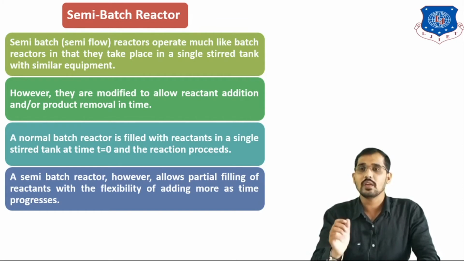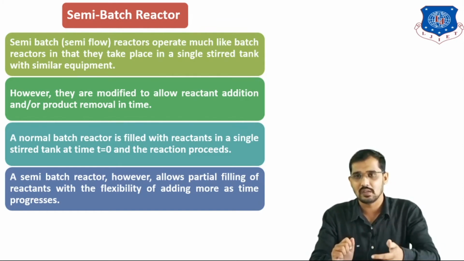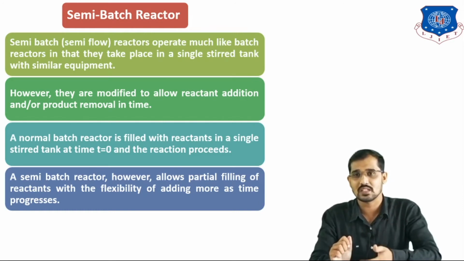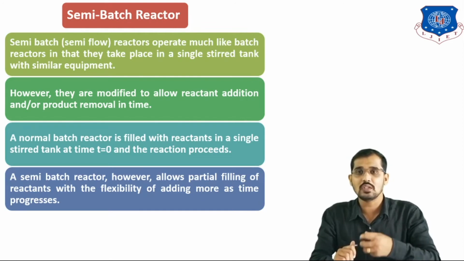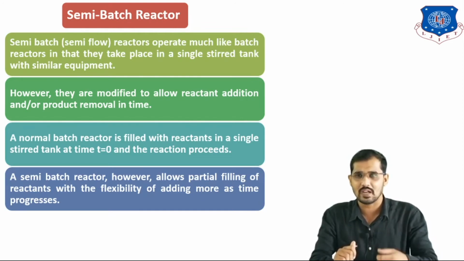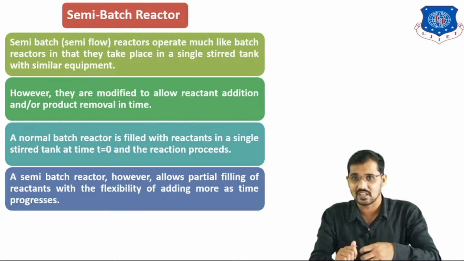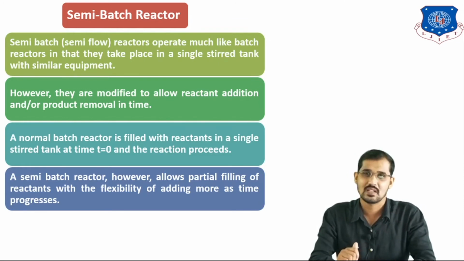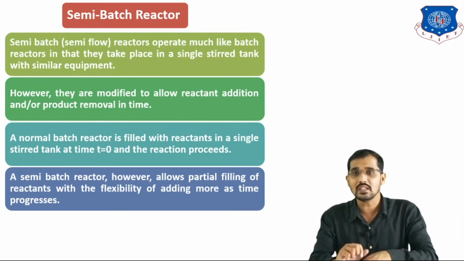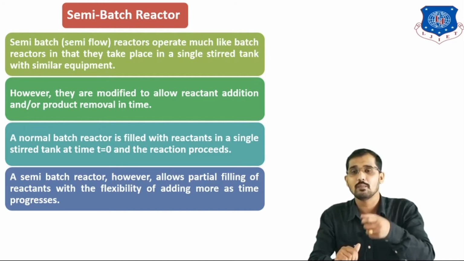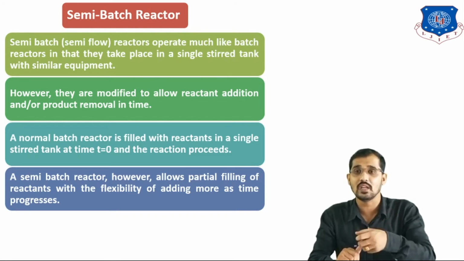I told you in a semi-batch reactor we can add reactants as per our requirement, meaning whenever the reaction progresses, we can take in reactants as needed. But this is not the case for the batch reactor. Whatever our requirement is, we have to take all the reactants before the reaction progresses. We cannot take out or put in anything during the reaction in a batch reactor, whereas with a semi-batch reactor we can add reactants during the reaction according to our requirement.